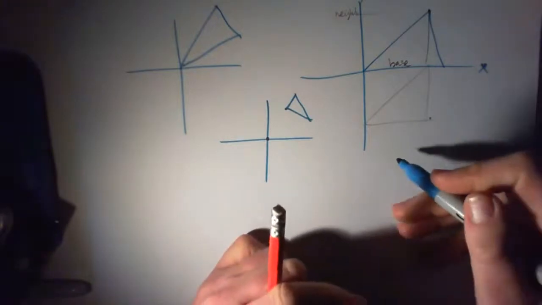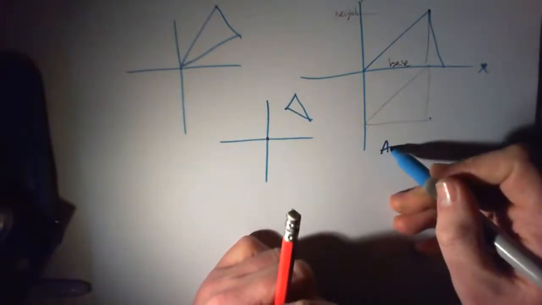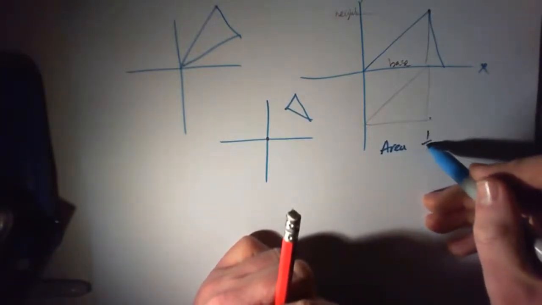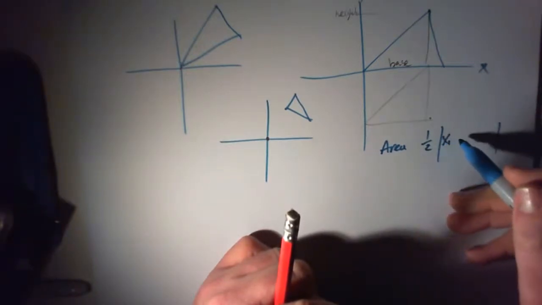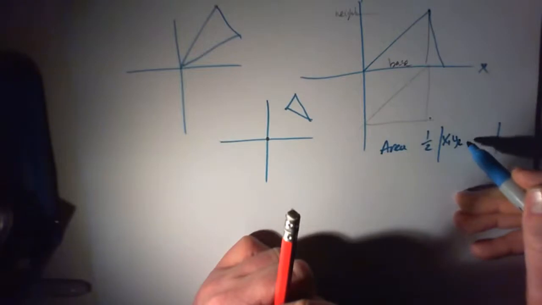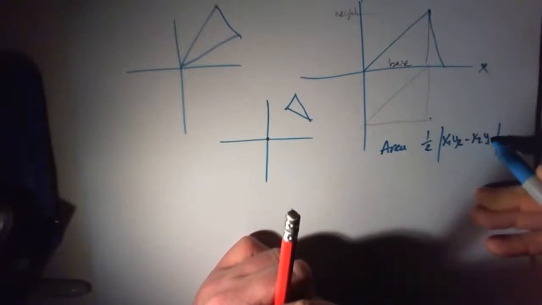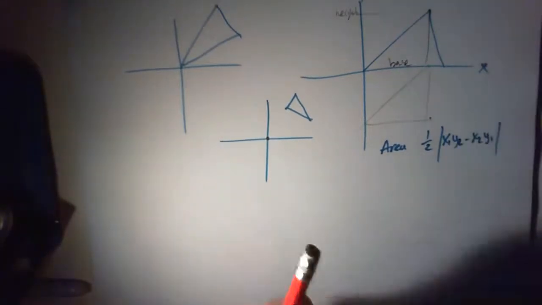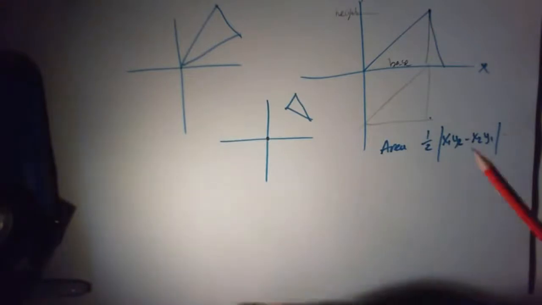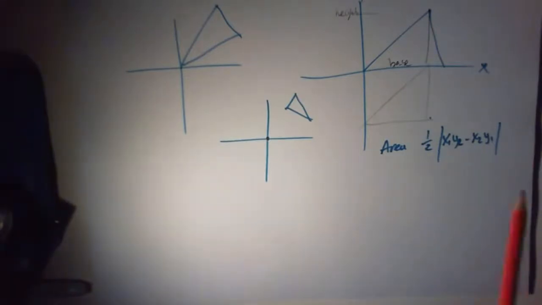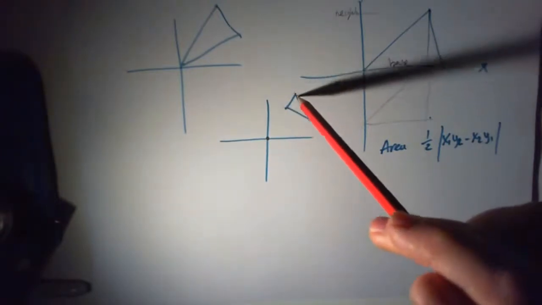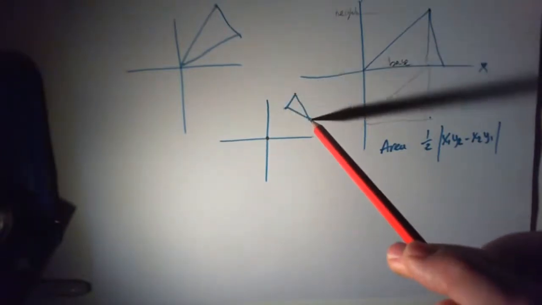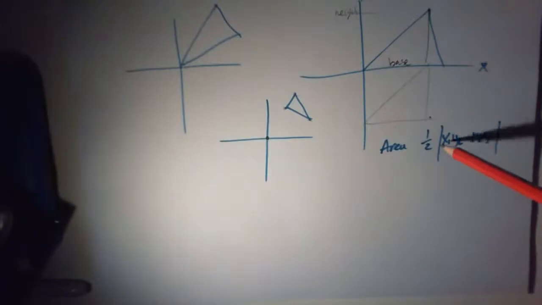That formula is as follows. The area will be half the absolute value of x1 y2 minus x2 y1. Now, these are all in the log table, so you don't have to worry about them. What we're going to focus on today is how to turn a three-cornered, three-coordinate triangle into a two-cornered one, because that's what you're really doing.